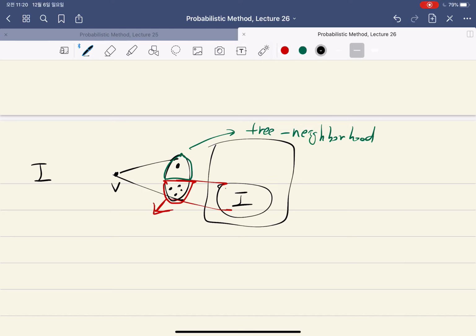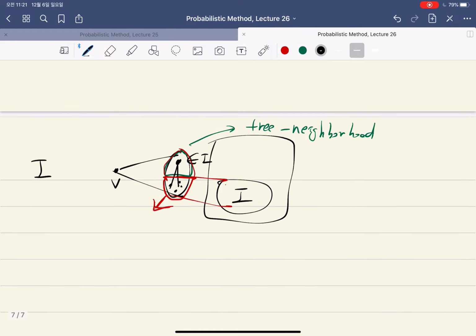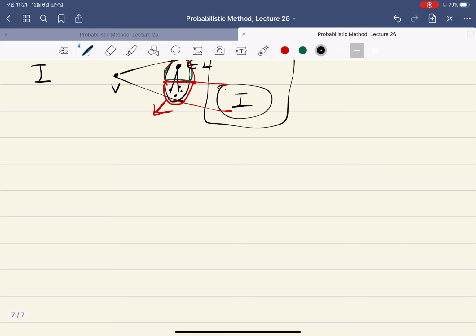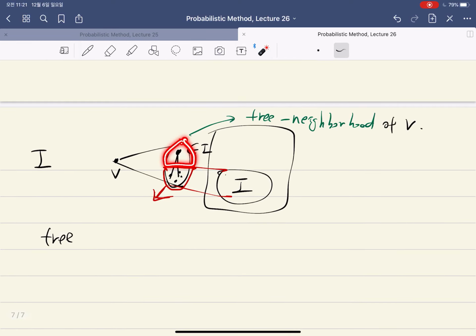Some of the vertices here could be inside of I, but all of their neighbors are not inside of this green part. So we don't care whether this is in I or not, as long as it has no neighbors in I, then we consider that as a free neighborhood of V. And we identify this free neighborhood with a graph inside.